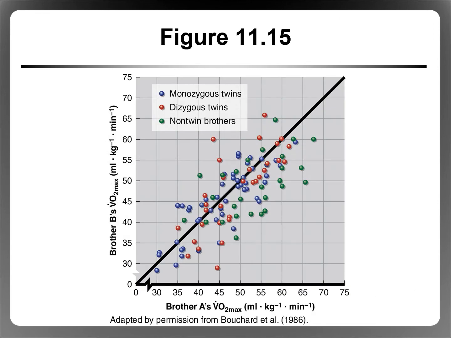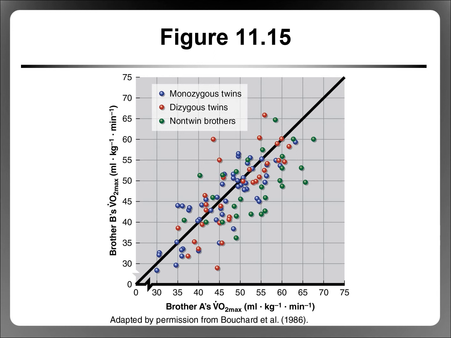All right, so again, this is one of the twin studies that we looked at. So kind of what this means, a monozygous twin is an identical twin where you started with one zygote that split into two. Dizygous twins, these are fraternal twins.